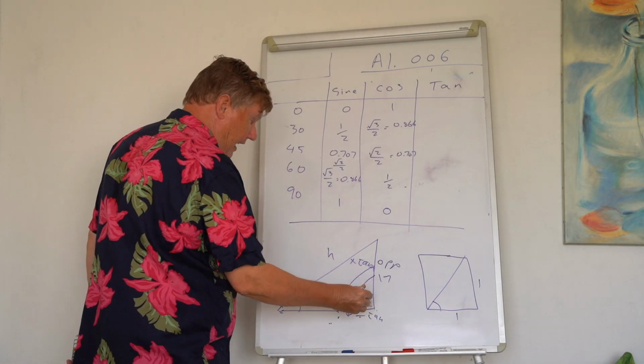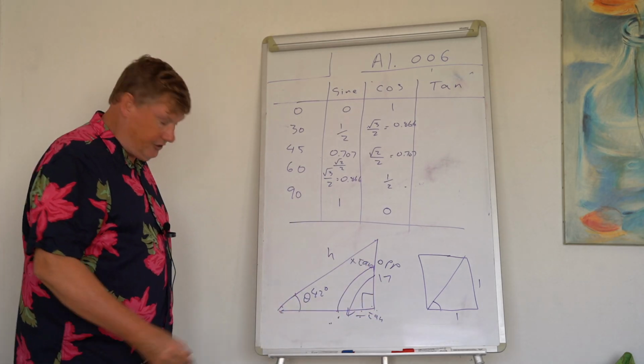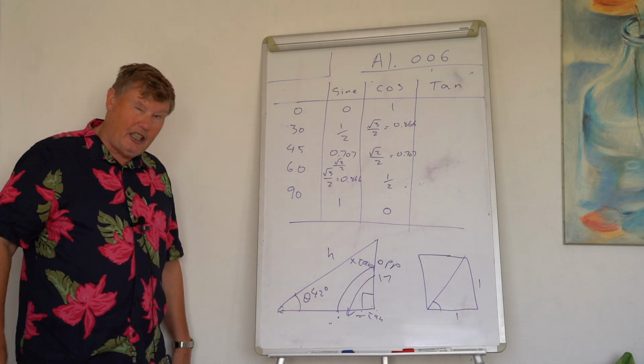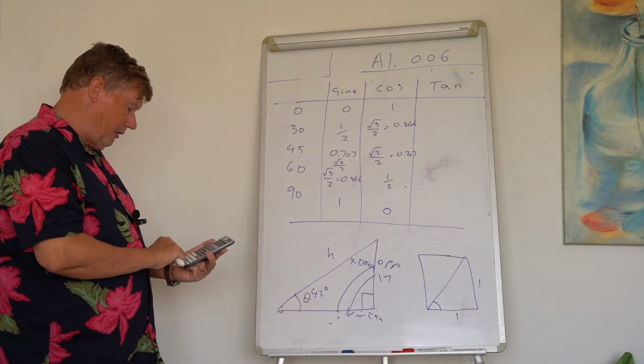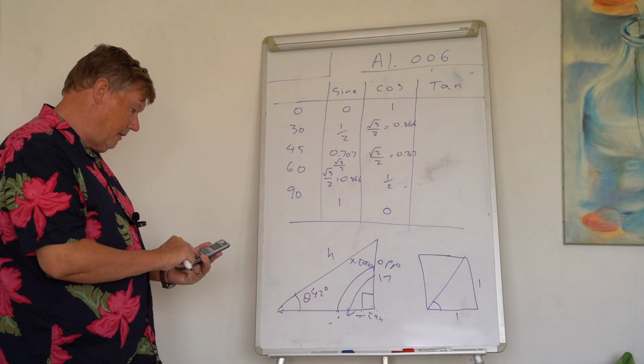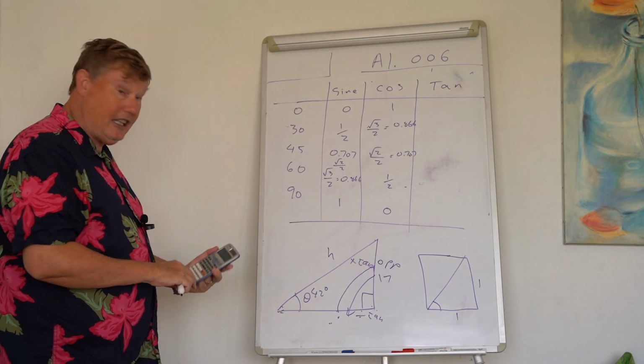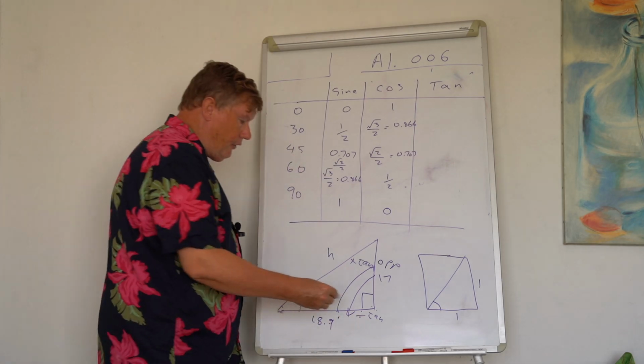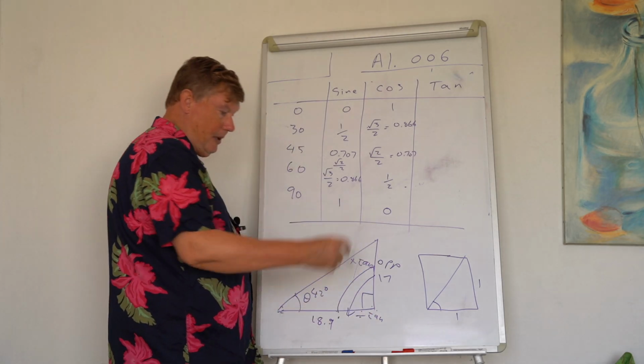If I'm telling you that that is 17, the answer to the length of that, because that's 42 degrees, is going to be slightly more than 17. So 17 divided by tan 42 is 18.9. Well, it works. 18.9. And if you go the other way, you would multiply by tangent.